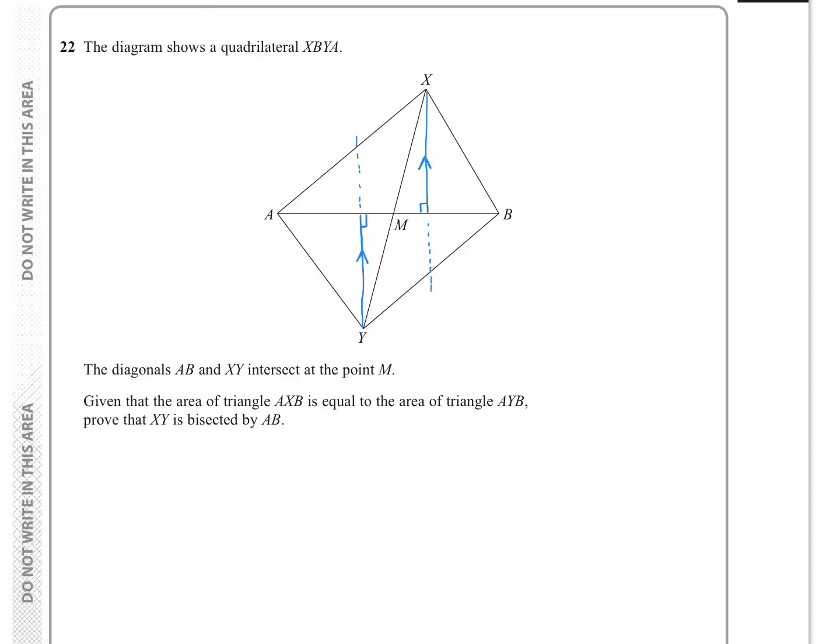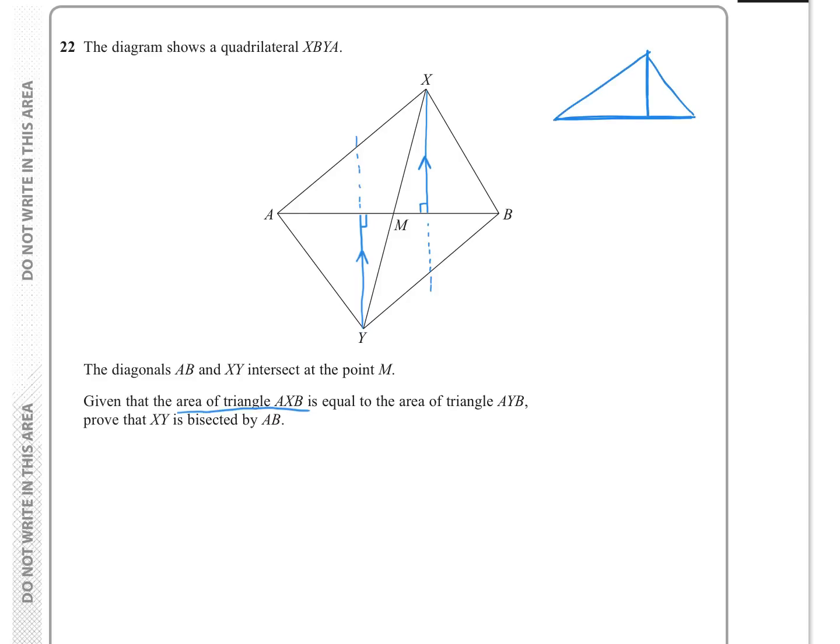The reason I'm doing that is because it says that the area of triangle AXB is the same as the area of the triangle AYB. Now they share a common base here, so if they had this base and then this was the height of the top triangle, base times perpendicular height halved is the area of that top one.